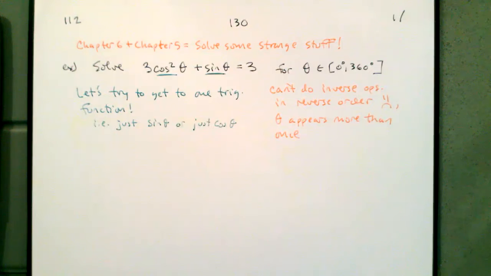There's more that goes into this than trying to get just sine or just cosine. But how do I know what I'm going to do? The answer is, I've been doing trig for a very, very long time. That's all it is. It's just a function of time.